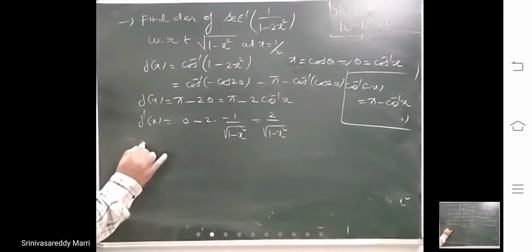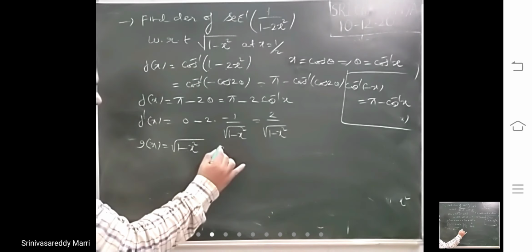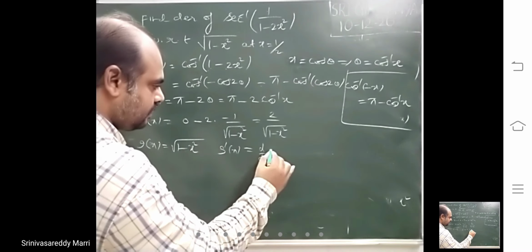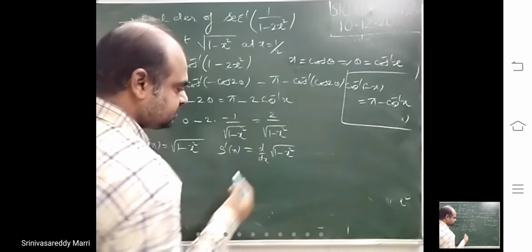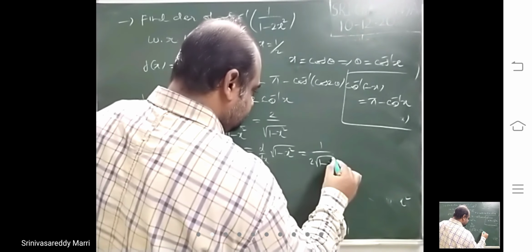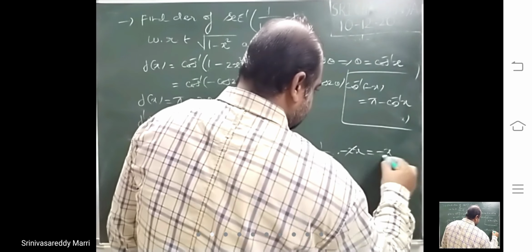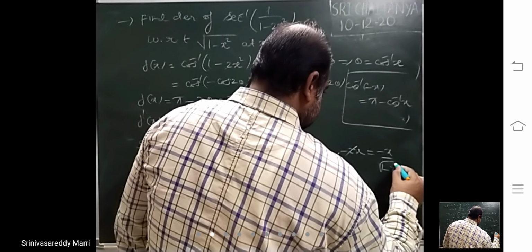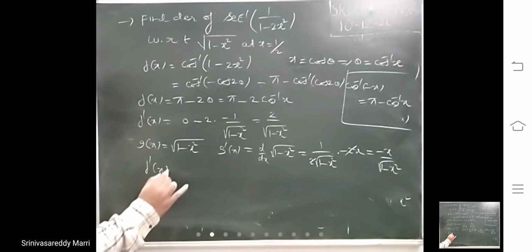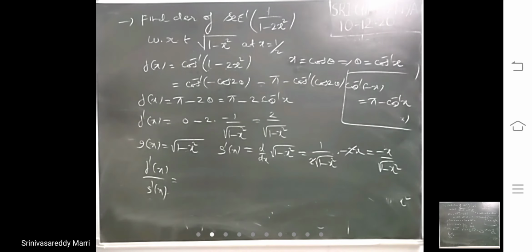Similarly, take g of x. What is the derivative of this? Root X into minus 2x. Yes. So now what you require is f dash x divided by g dash x.